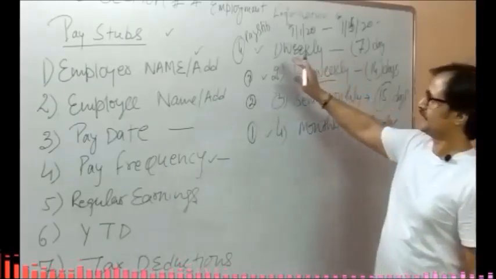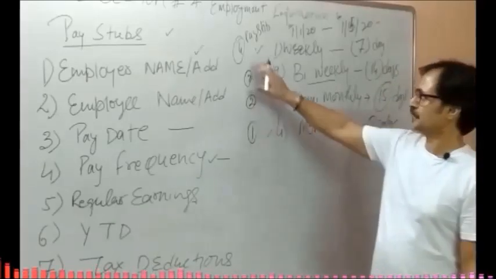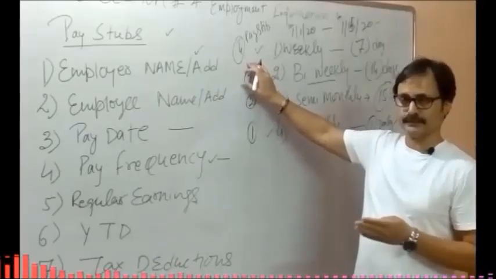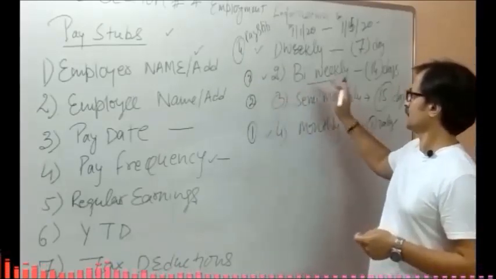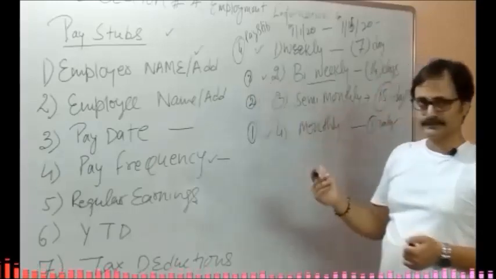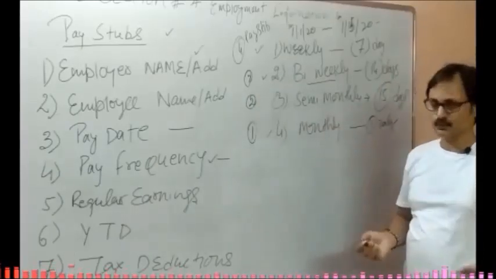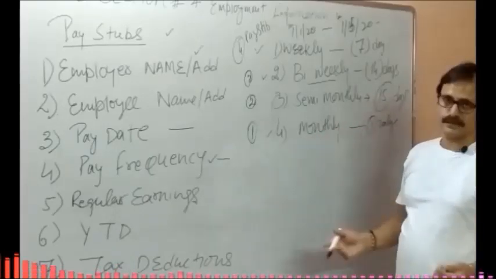So if a borrower is paid weekly, he is going to give us 4 slips to cover a 1 month period. If he or she is working on a bi-weekly basis, they are going to provide 2 pay slips. In semi-monthly, at least 2 slips, and on the monthly basis 1 pay slip, right?